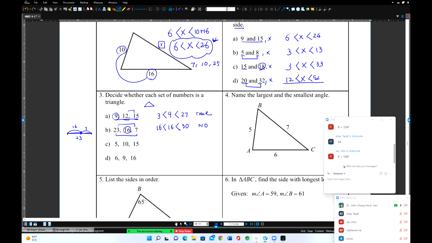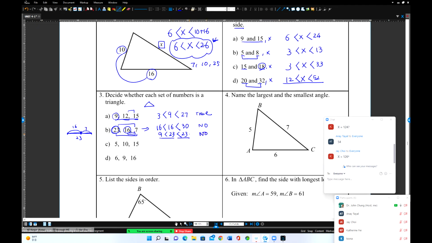You can choose anything this time, or you can choose 23, that is okay too. If you choose the same question, instead of using 60, I'm going to choose 23. Is 23 less than the sum of these two? This is wrong, right? 23 is not less than 23, they are equal. The difference of these two is 9, but this side is okay and the other side is no good.